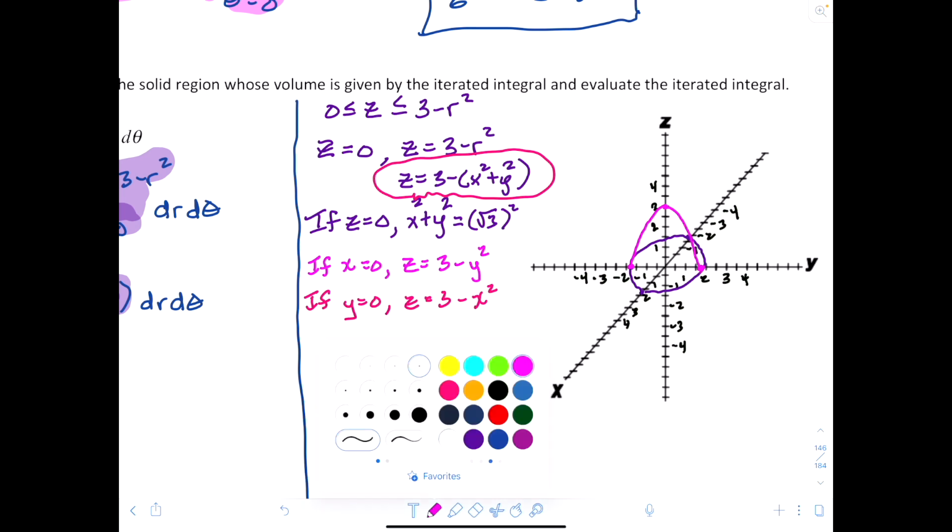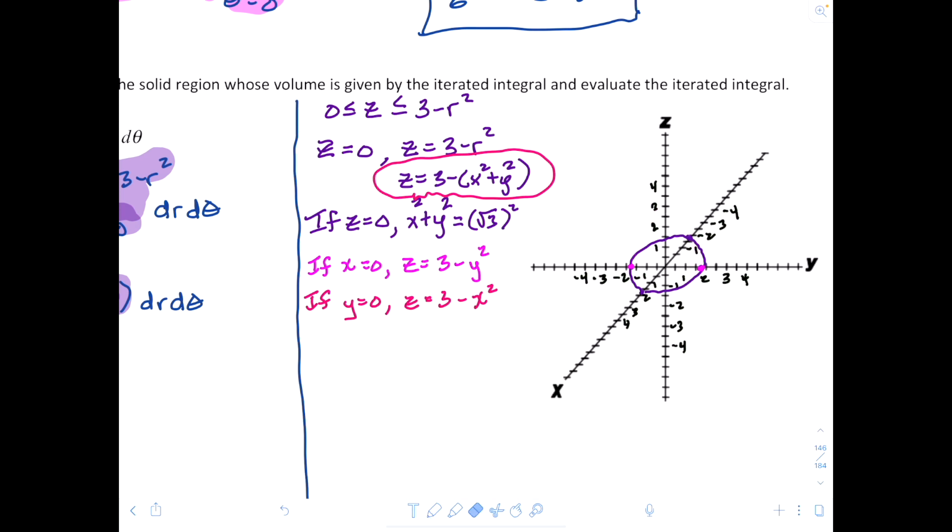And so this is what it's going to look like. And then similarly, if y is 0, you're going to have another point up here, and then you'd have these points here. So you'd have a parabola opening downward here. Cool? And so your whole solid is that region.